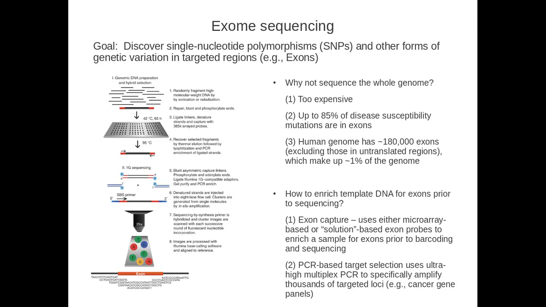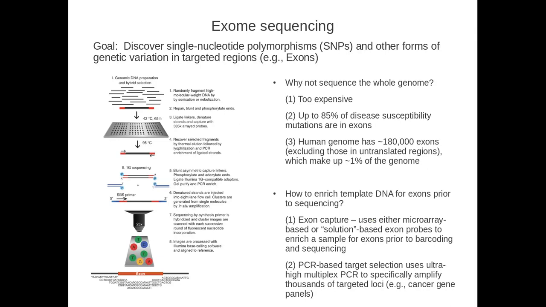So how do we go about doing this? Historically, I believe 2009 maybe was the first exon capture experiment, where you design probes to the exons in the genome. We already have the genome sequence, so we can design probes.